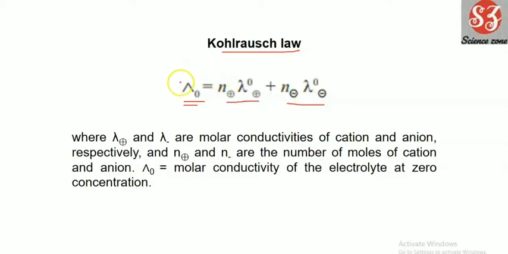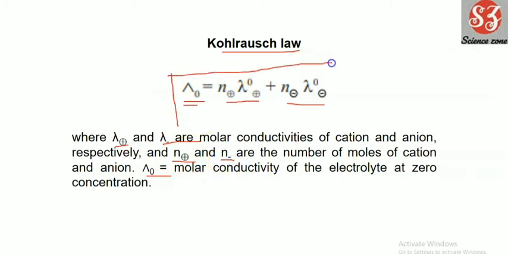So the total molar conductivity of solution at zero concentration, that is lambda 0, is equal to n plus lambda plus plus n minus lambda minus, where lambda plus is the molar conductivity of cation, lambda minus is the molar conductivity of anion, n plus is the number of moles of cation and n minus is the number of moles of anion.